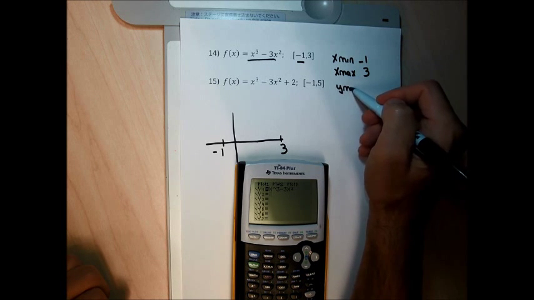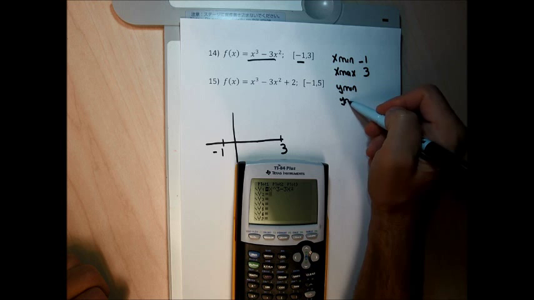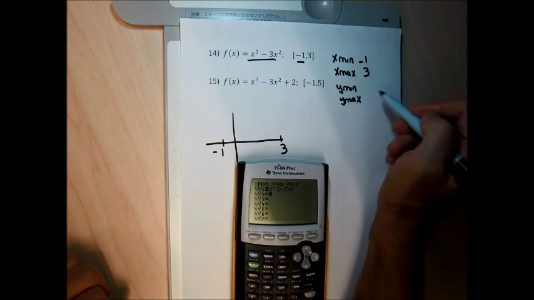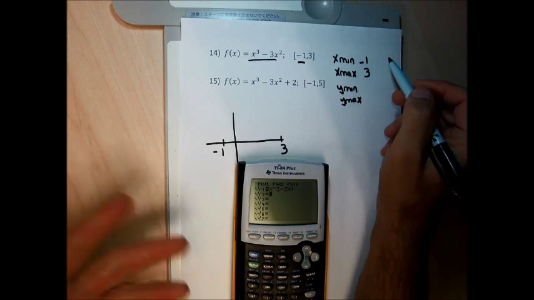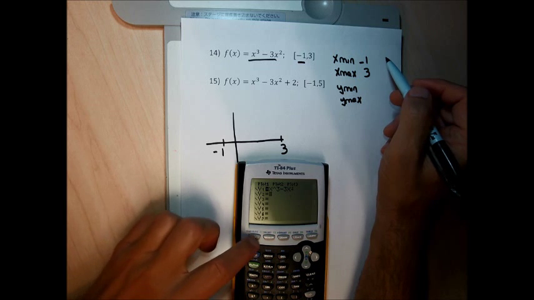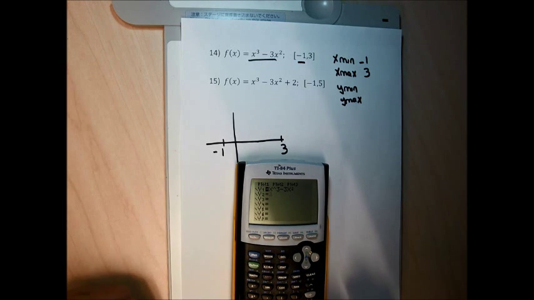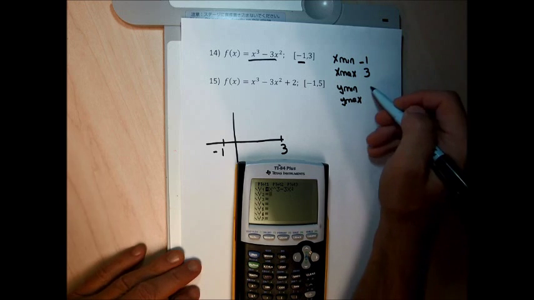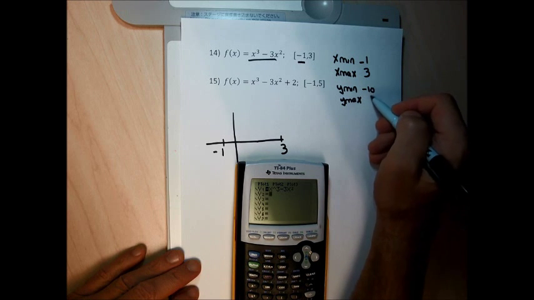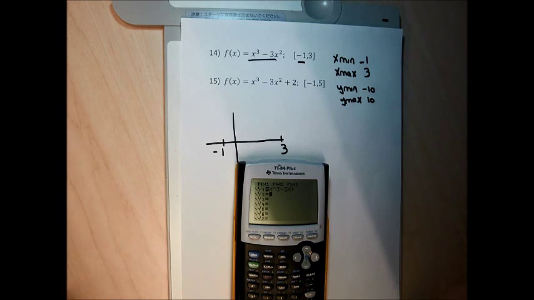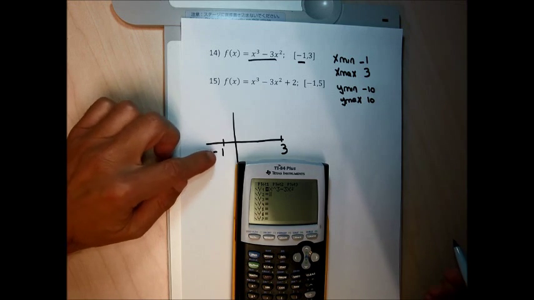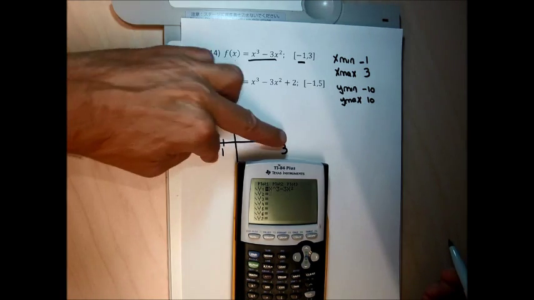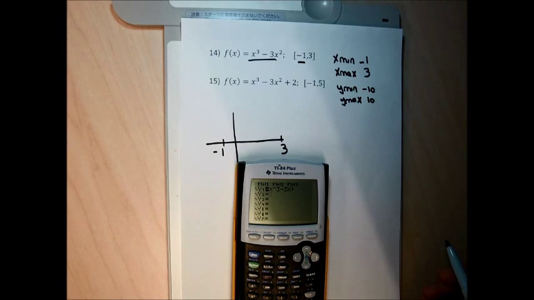I'm not sure what my y min and my y max absolutely have to be. What I'll do is graph the function and start with the y's at the 10s, and if my graph goes off the screen, I'm going to find y values that correspond to x equal to negative 1 and x equal to 3 to get an idea of how I can improve my y values.